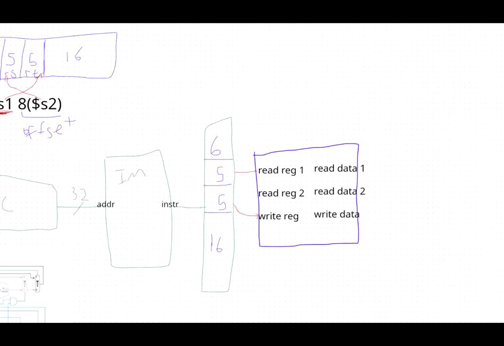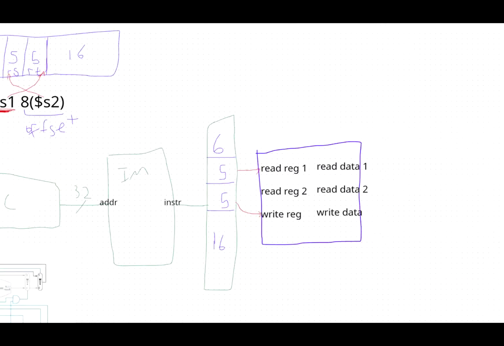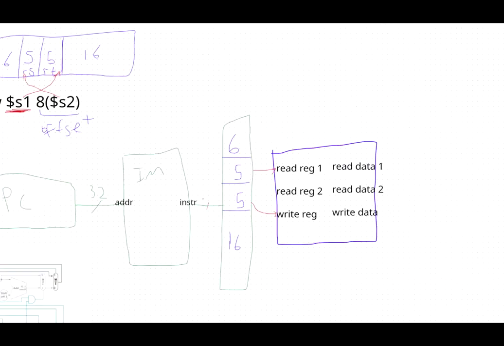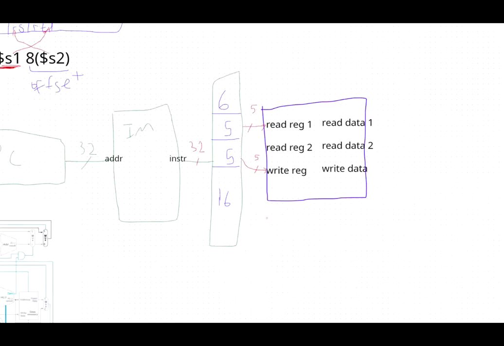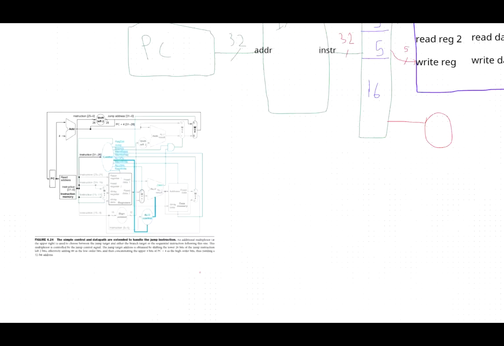The first register is going to be read, and this is going to help us compute the target address, the TA. This is 32. This is 5. This is 5. And now we have our immediate. Again, we're going to sign extend it. We sign extended it, correct? Yes. Okay.